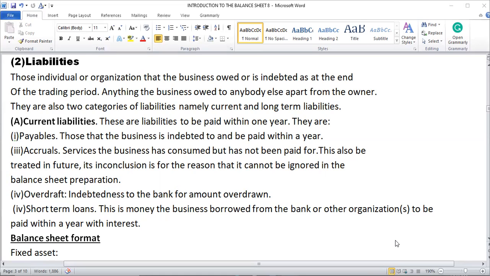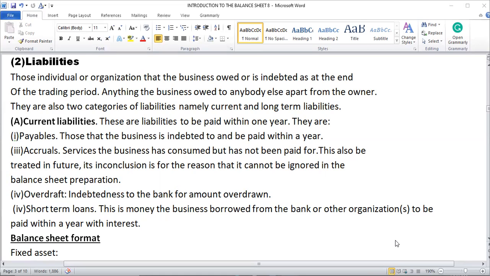We said that the balance sheet is the financial position of an organization at a particular point in time. We said that assets are properties that the organization owns in order to run the business to generate profit.